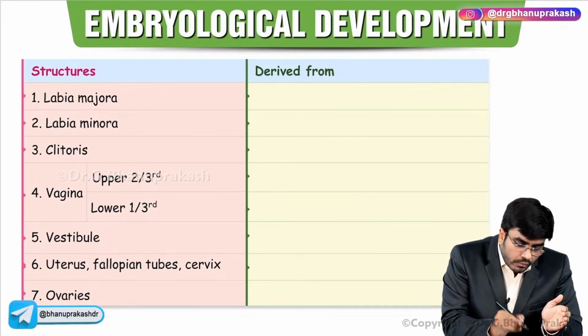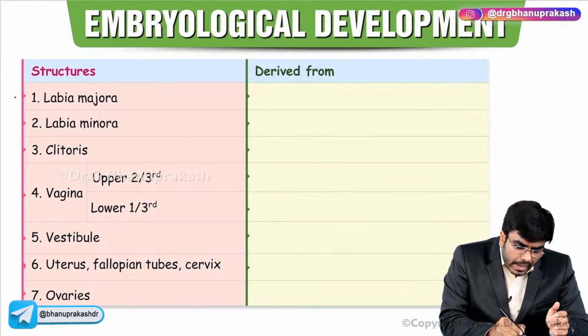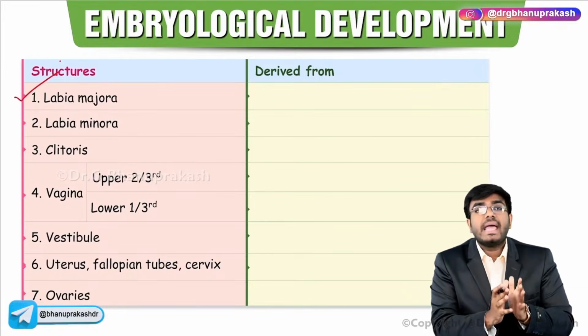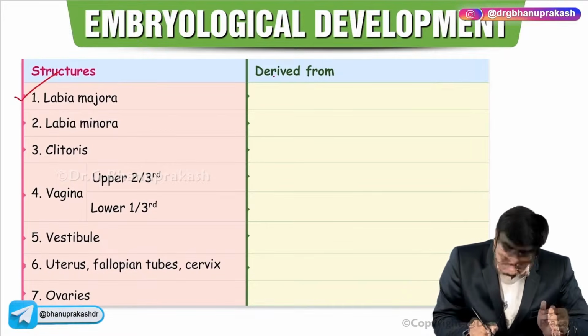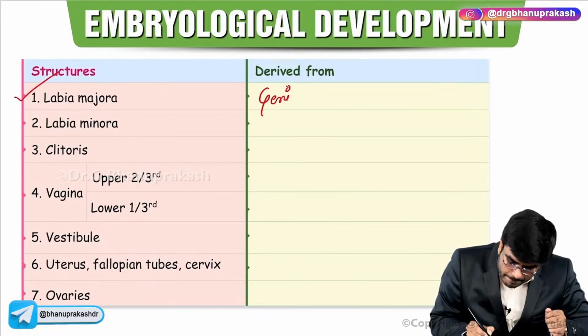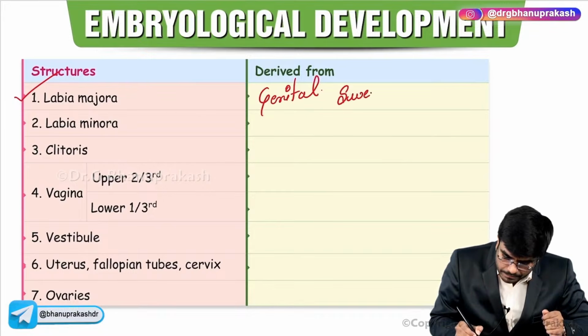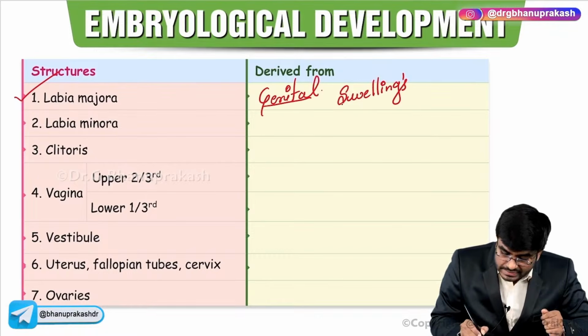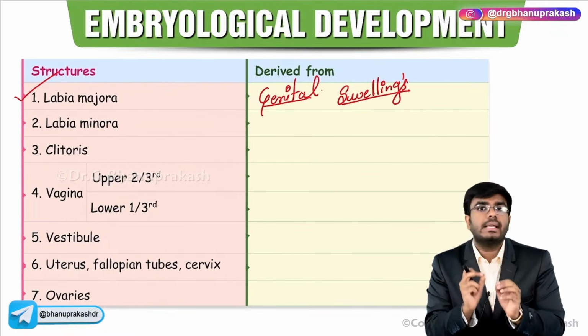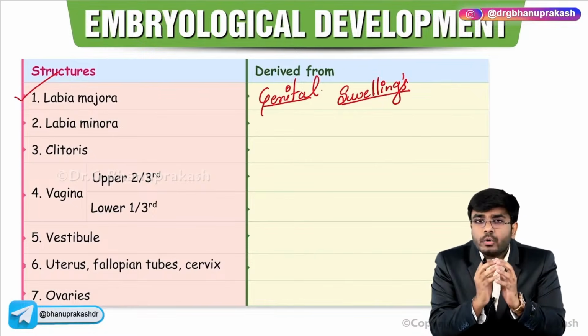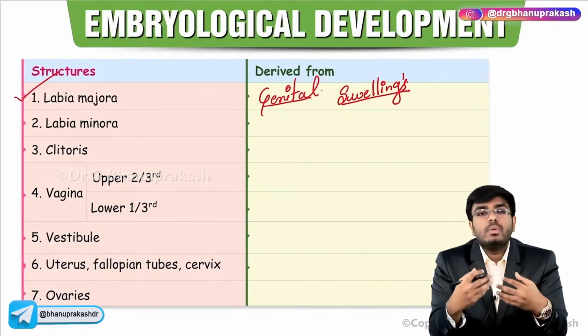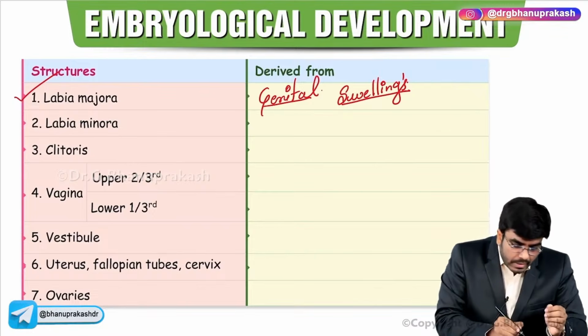Okay. So from an embryo, labia majora, this structure, has originated from genital swellings. Okay, so the genital swelling, this particular area in the embryo, is going to develop into labia majora in the female.